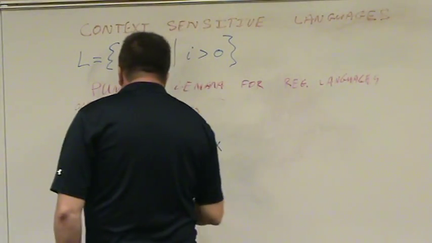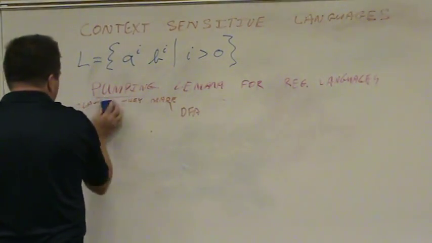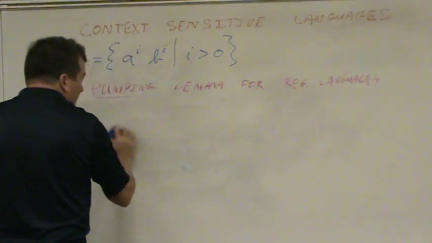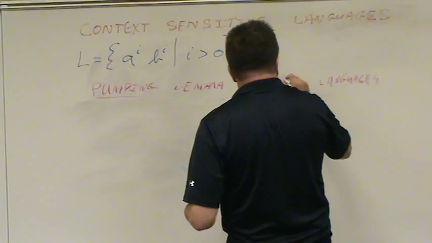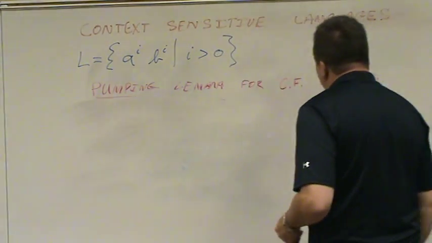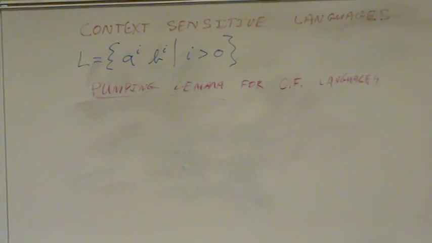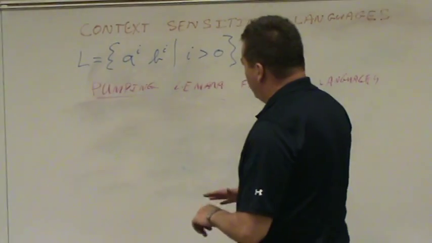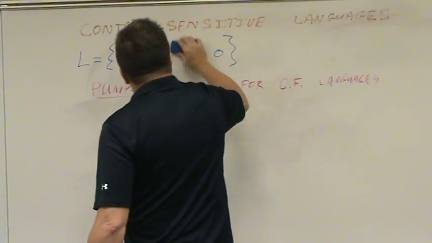So that ends up being the pumping lemma for regular languages, and there's a very similar one for context-free languages. So if somebody comes along and says they have found an n-state push-down automata that can tell whether or not a language is, let me first give an example.